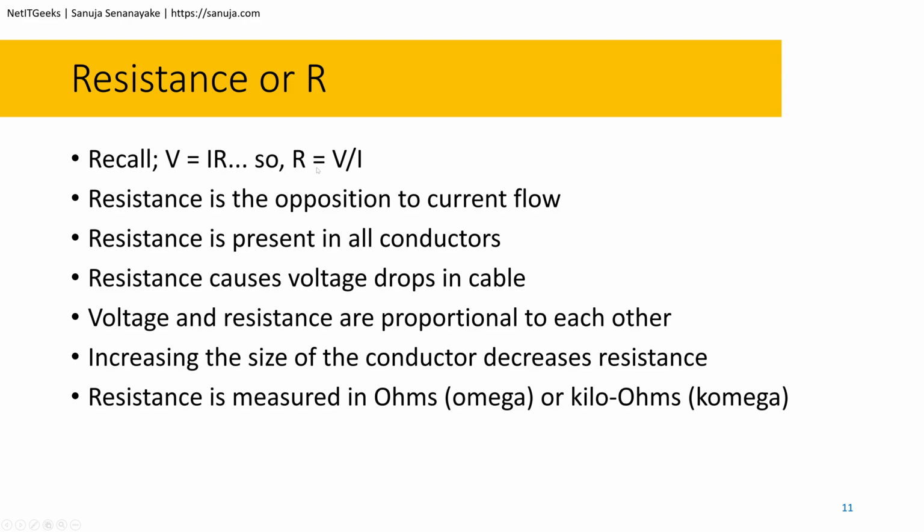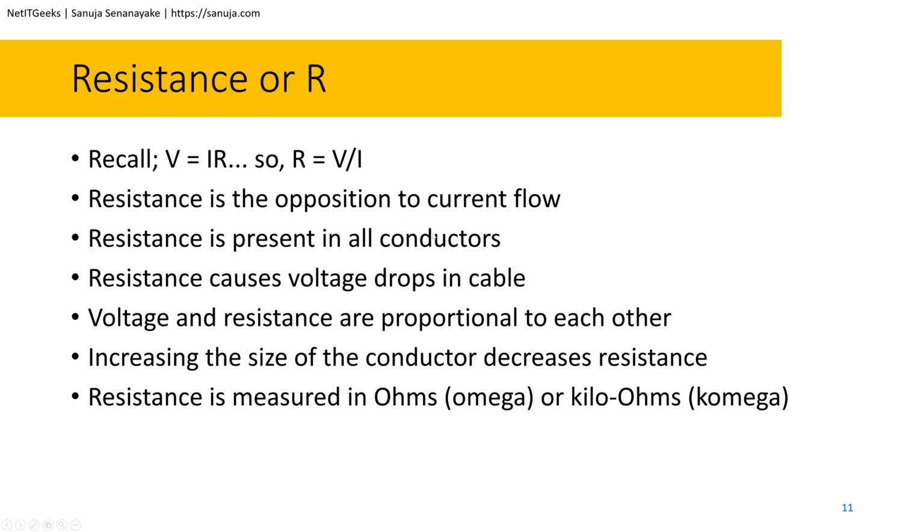That means resistance is directly proportional to the voltage, but inversely proportional to the current. If the voltage goes up, resistance goes up. If the voltage goes down, resistance goes down. But if the current goes down, resistance goes up. If the current goes up, the resistance goes down. That's what I mean by inversely proportional and directly proportional.